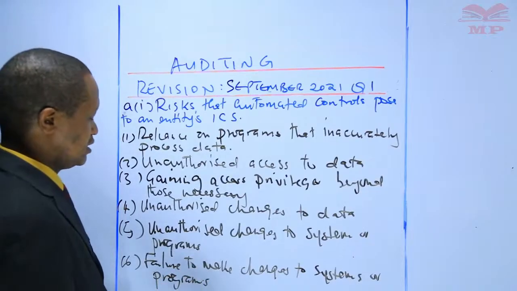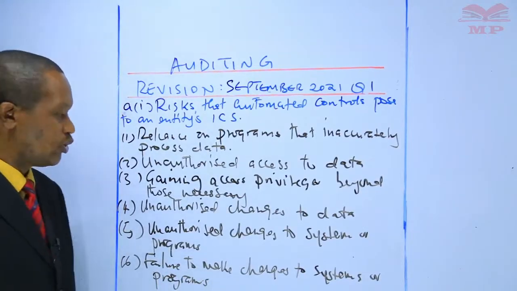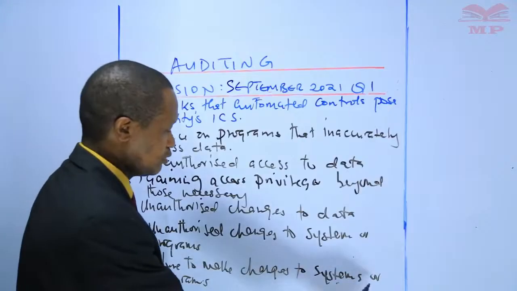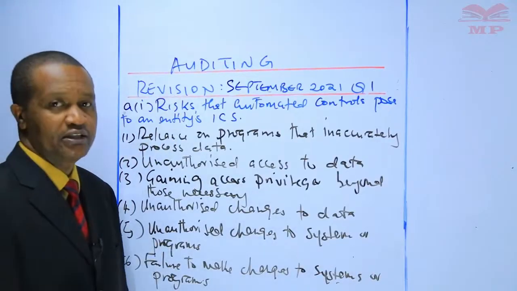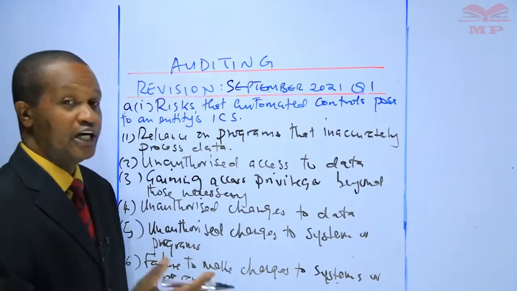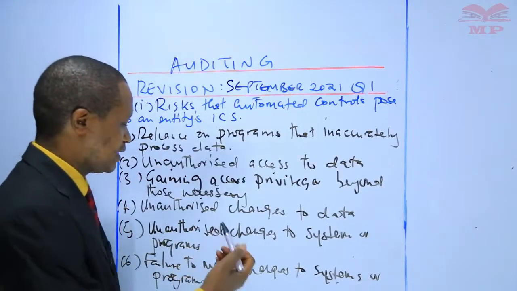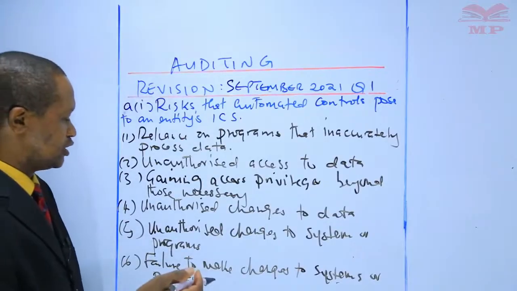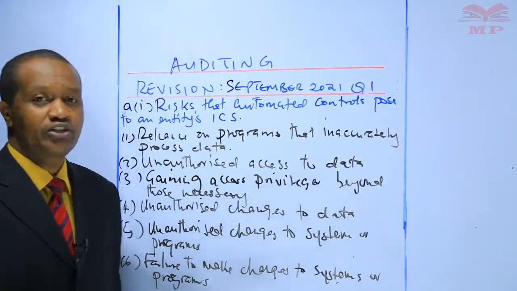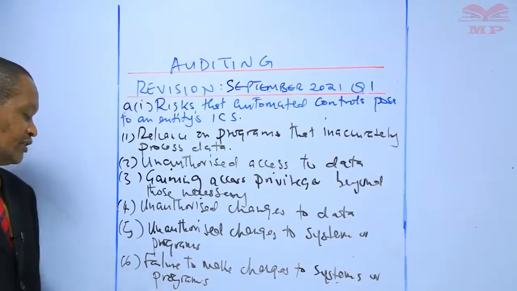There are times when there are changes that may be required to be made to the systems or programs, like updating the system, updating the application, updating the software. Where there is failure to make changes to the system or the programs, then that is a risk, candidates. That is a risk.